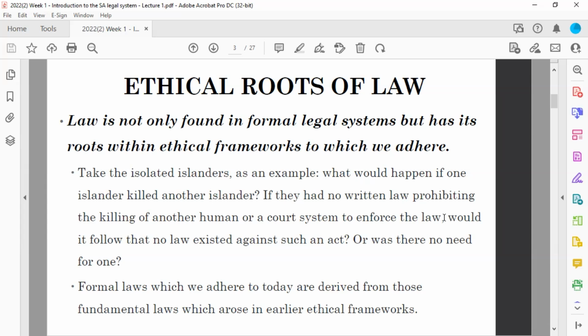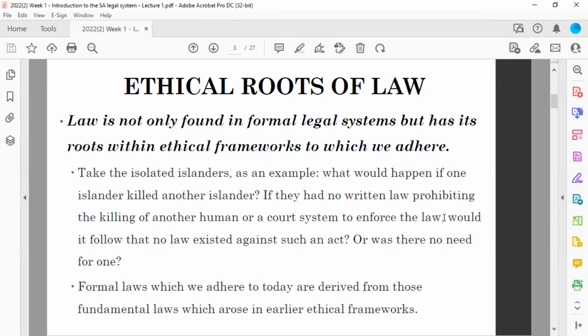Those unrests were not just unrests, but they went hand in hand with looting, with criminal activities, and with people losing their lives, people being killed. That is a perfect example of what happens in society where there are no rules.